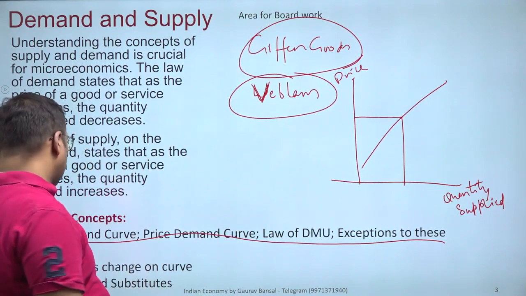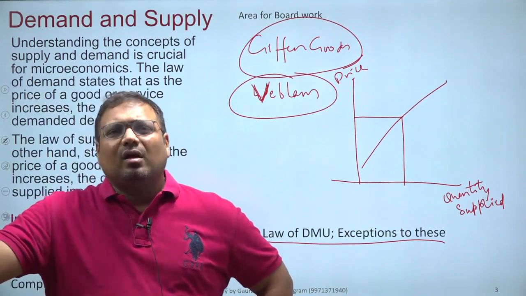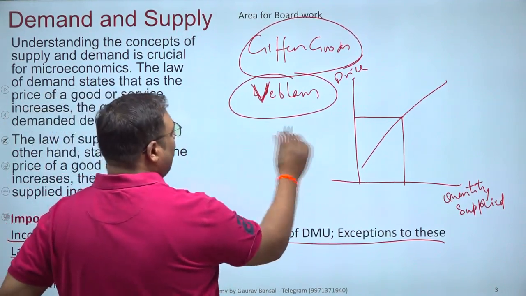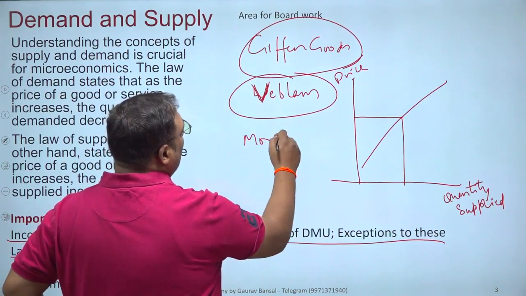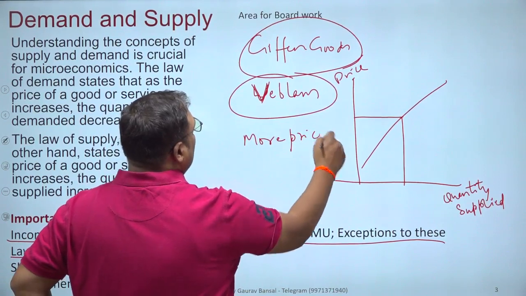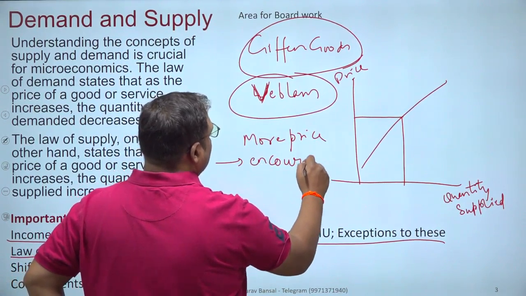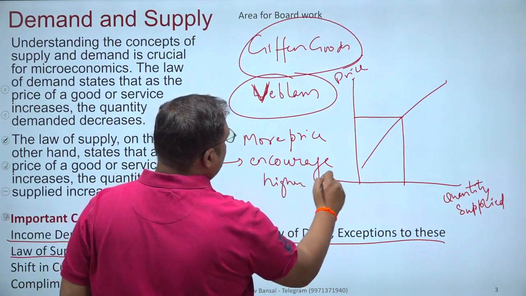The law of supply is very important because a producer will not supply more unless there is a price rise. Means a price rise, or more price, encourages higher production.